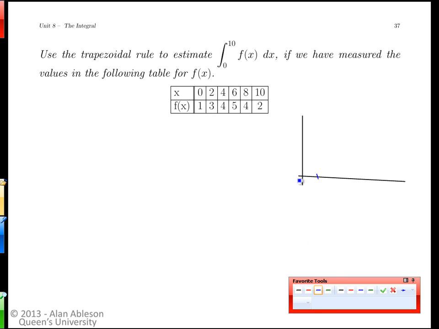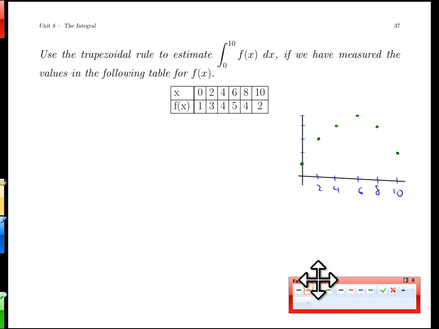We've got points at 0, 2, 4, 6, 8, and 10 in terms of x. And the values that the function takes on are 1, 3, 4, 5, 4, and 2.